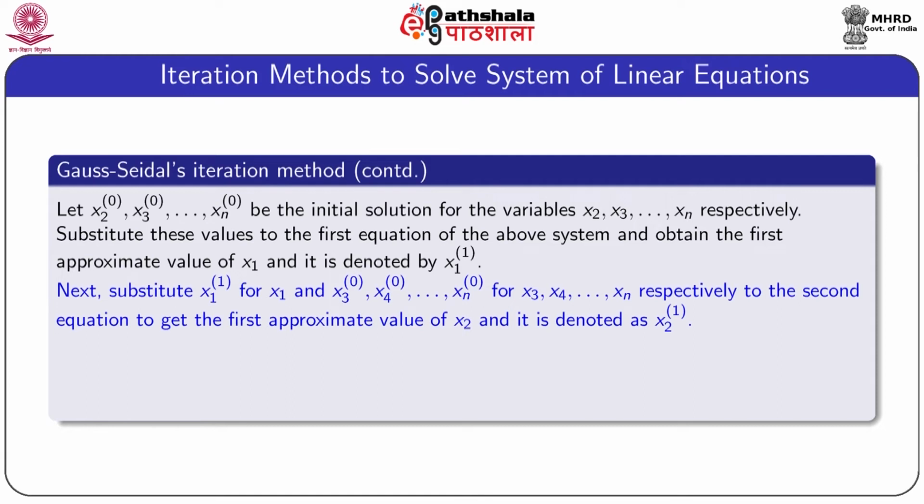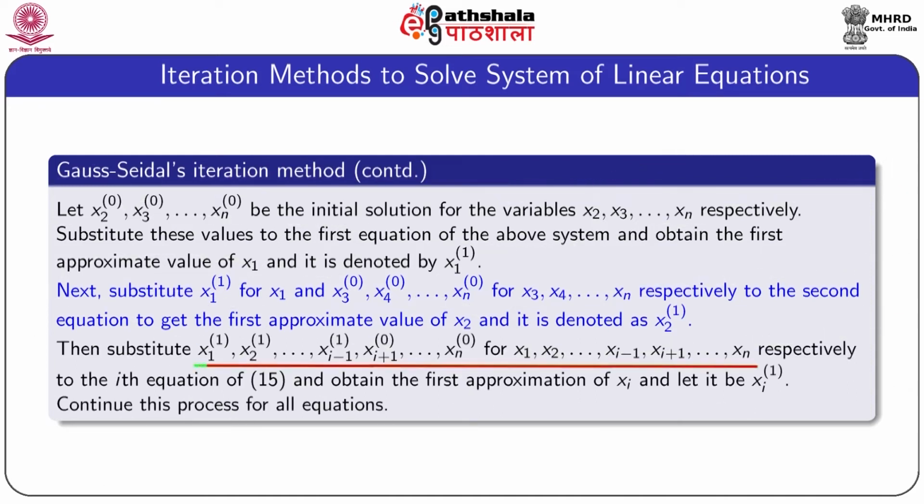Next, we substitute the value of x11 for x1, and x3 0, x4 0 up to xn 0 for the variables x3, x4 up to xn respectively into the second equation to get the first approximate value of the variable x2, and it is denoted by x21.